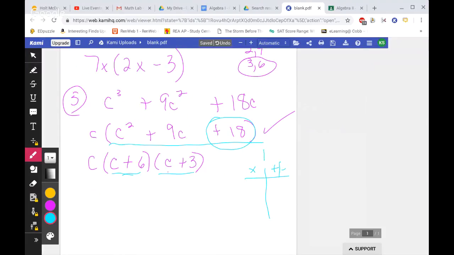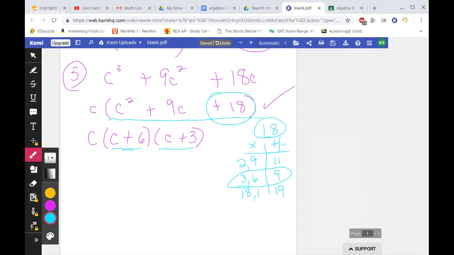So you write 18 at the top and you write the factors of 18. 2 and 9, 3 and 6, 18 and 1. If I were to add 2 and 9, I would get 11. If I were to add 3 and 6, I'm going to get 9. If I were to add 18 and 1, I'm going to get 19. Well, the only one of these that works is this line right here. Does that help? Yeah.